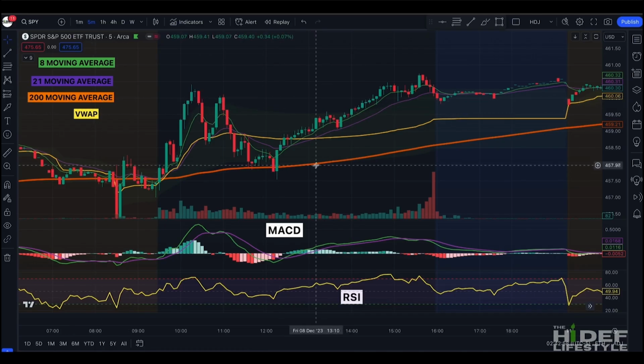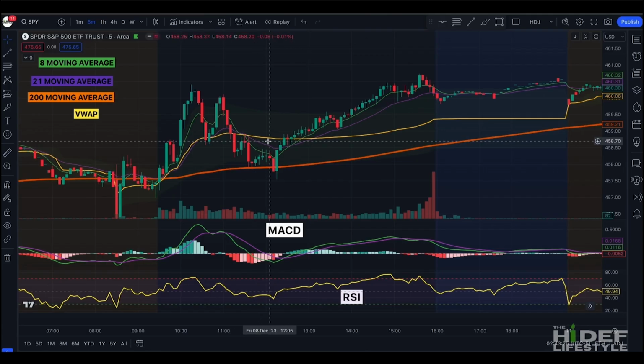Now the 200 moving average is the strongest moving average because it's representative of the previous 200 days. So as you can see, when price action came down to the 200 moving average, it responded and went back up, came down, broke through briefly, but then quickly was reclaimed and bounced back to the upside.